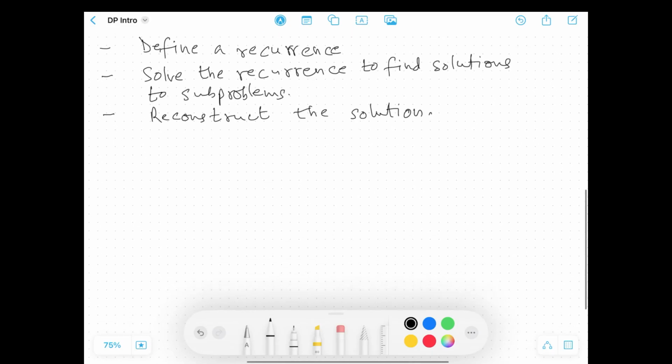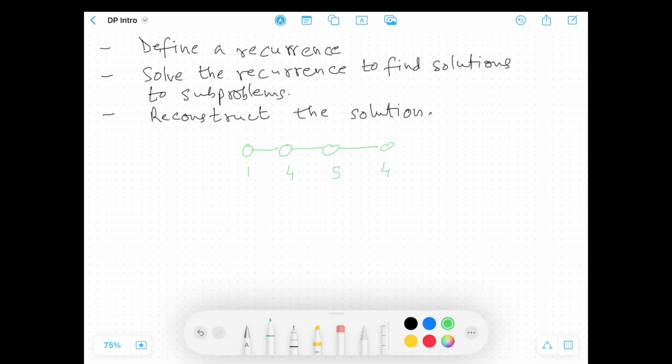So let's say I have a line graph, and these are the values or weights.